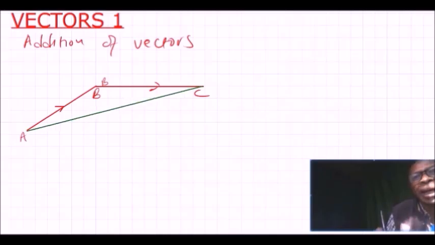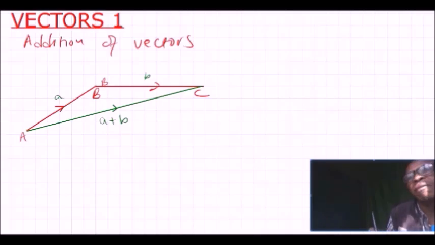Remember, a vector describes movement. So if we say this vector is A and this vector is B, then this vector is A plus B. That is how we add vectors.